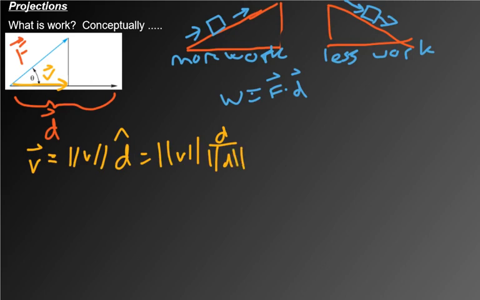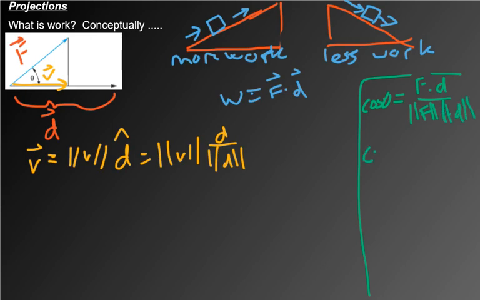This is where I want to make a little aside. Based on the formula we proved on the last slide, the cosine of theta is f dot d over the magnitude of f times the magnitude of d.